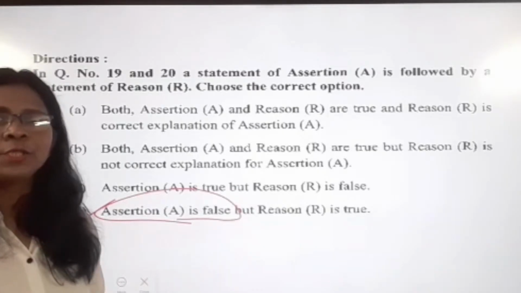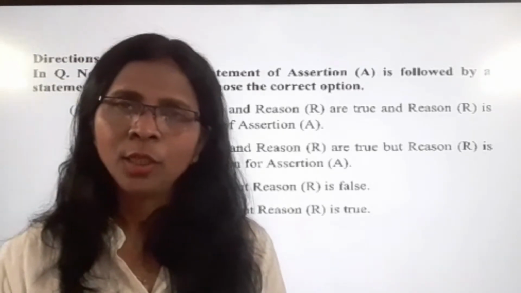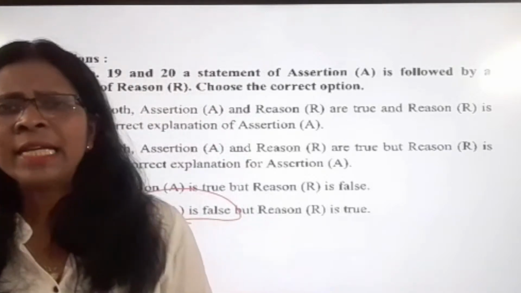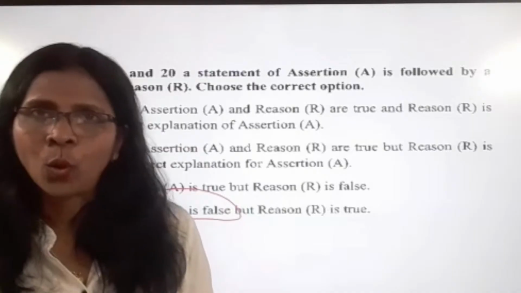When the assertion is false and the reason is true, then option D is correct. So in the case of example 28, option D is the correct option.